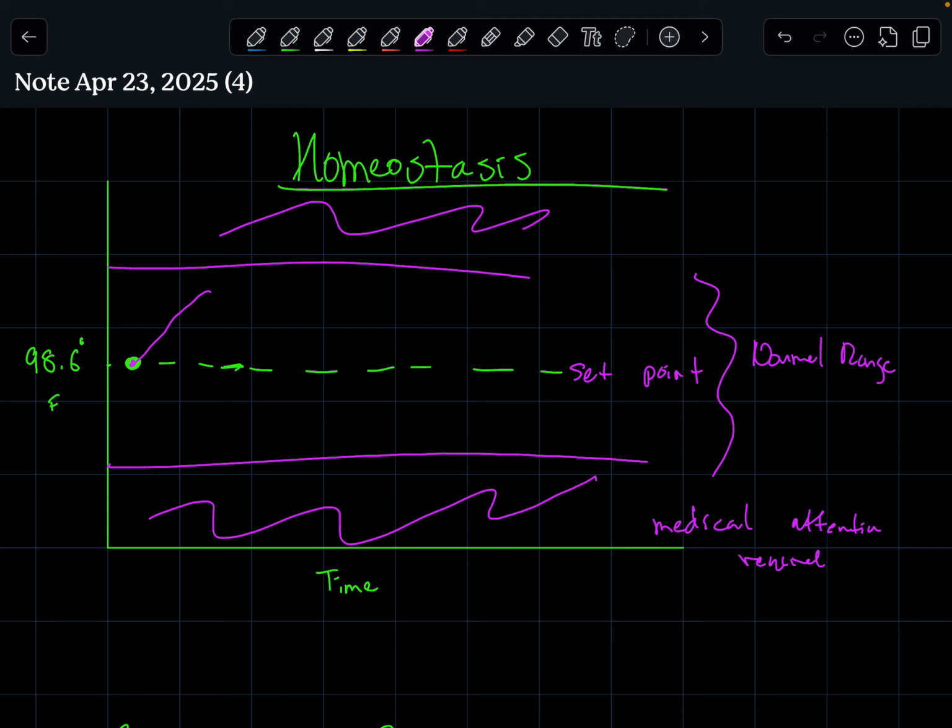But the body, if it's functioning correctly, will actually drop down to correct itself from sweating. Now, if we're dropping too low, the body will stop sweating and we will increase our temperature. And this will just continue to happen. And that is a normal function of the body.